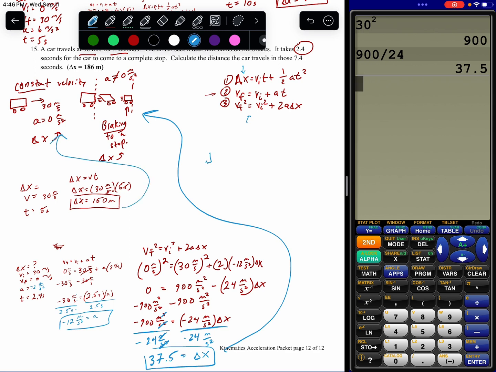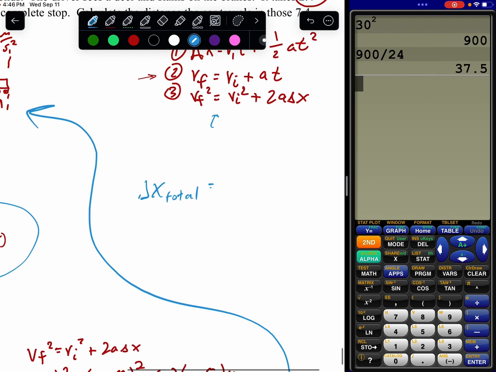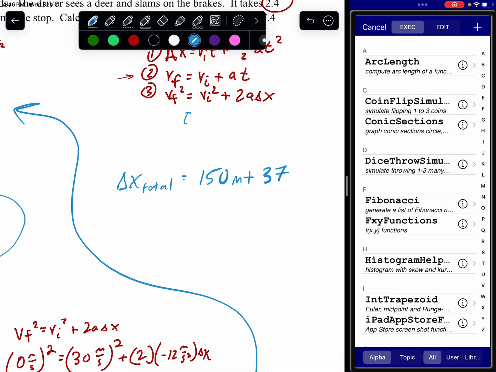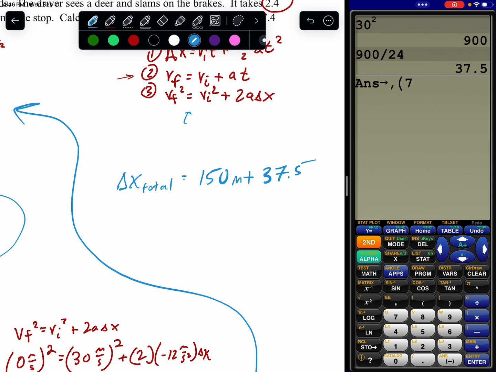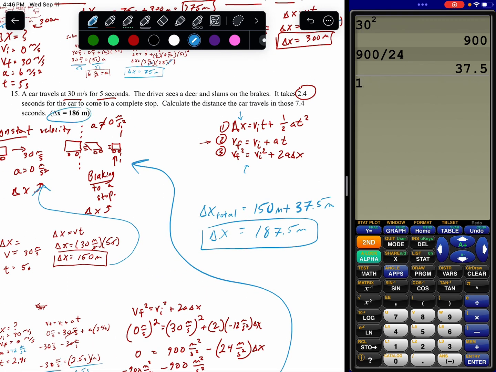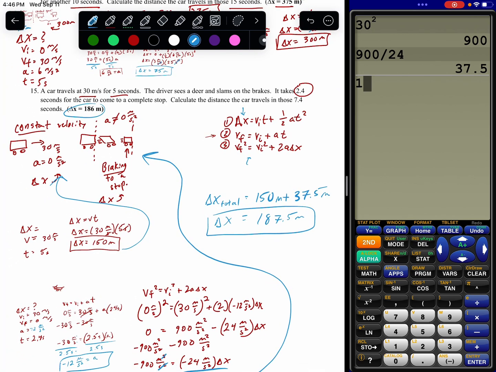So the delta x total is going to be equal to that first 150 meters plus the 37.5. 187.5 meters. That's total distance traveled, and looks like we match the answer key.